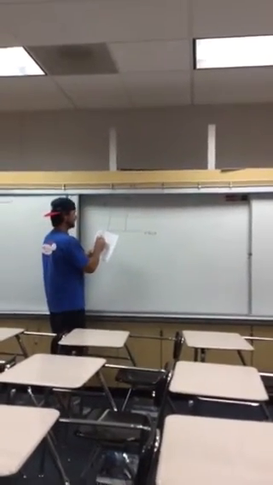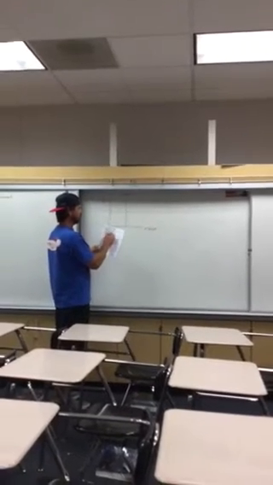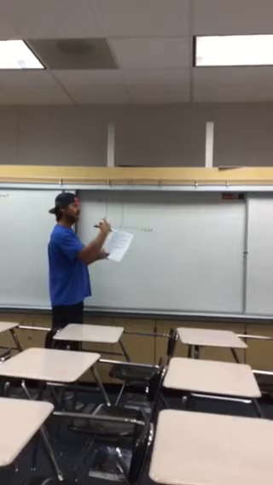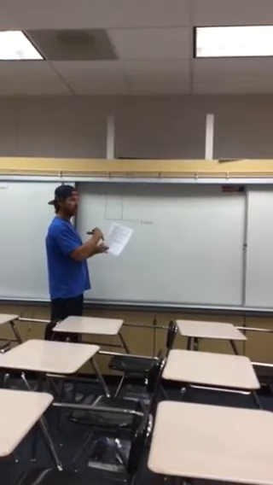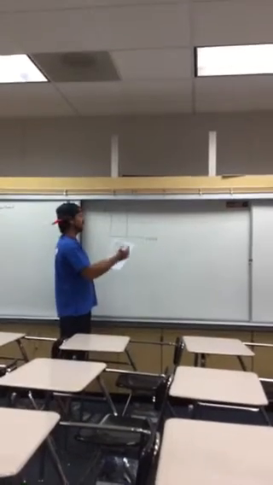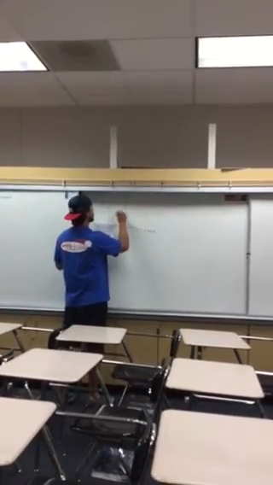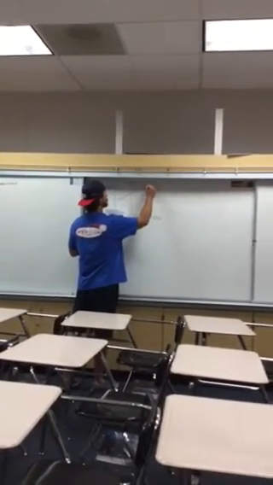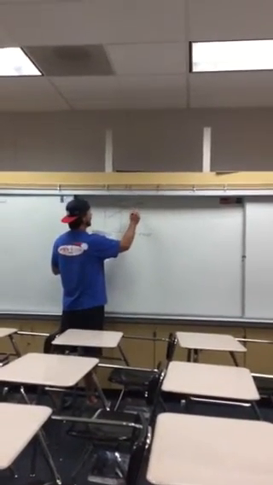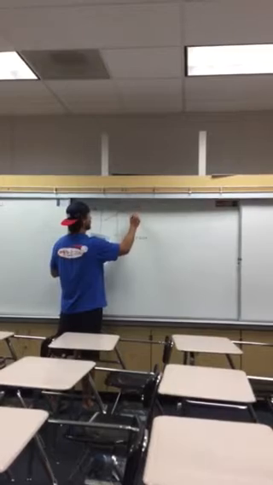Now it wants us to label the current price level and the current output level, and we know that unemployment is going to be less than where it would be at the natural rate. So we're going to have a situation where aggregate demand is a little bit higher than it normally would be. All right, so here is our short run aggregate supply curve, okay? And then here is aggregate demand, all right?